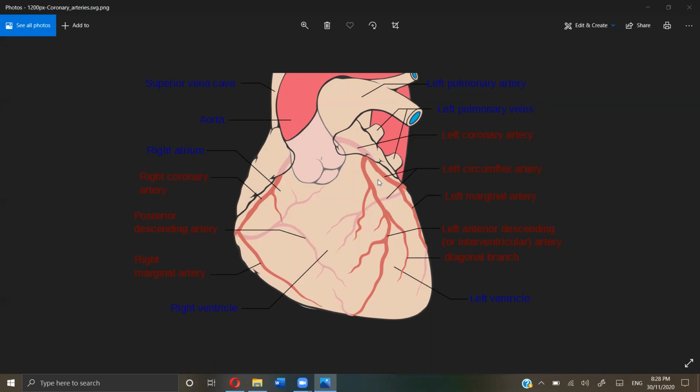So the big, important ones will be the left anterior descending. It points to this one, this big branch of artery.